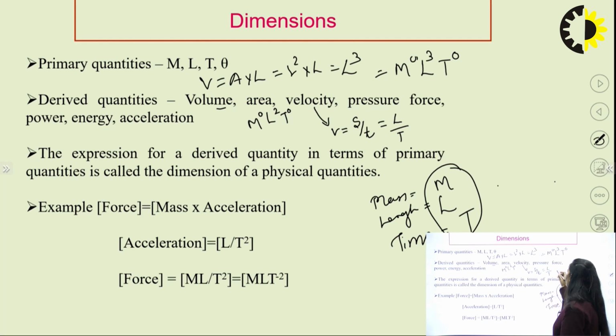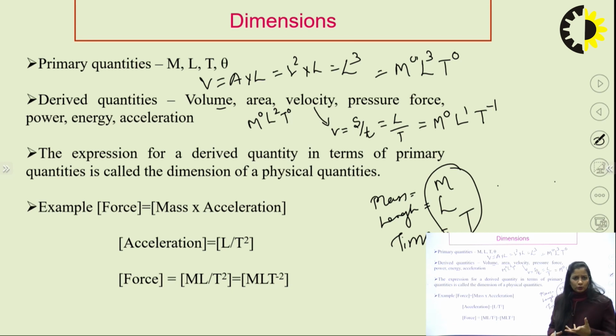So you can write it as M to the power 0, L to the power 1 and T to the power minus 1. So the dimension for velocity will be M^0 L T^-1. So this is the way you can find the dimension of a particular quantity or term.